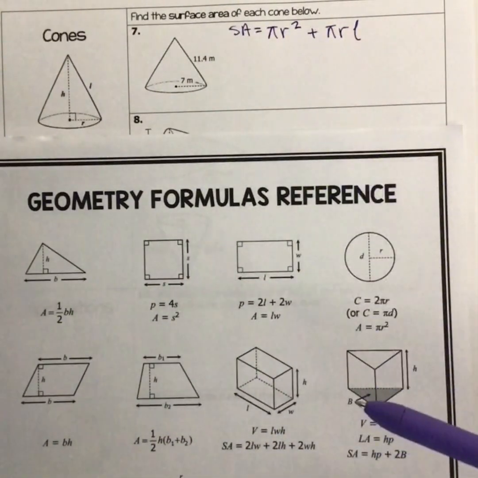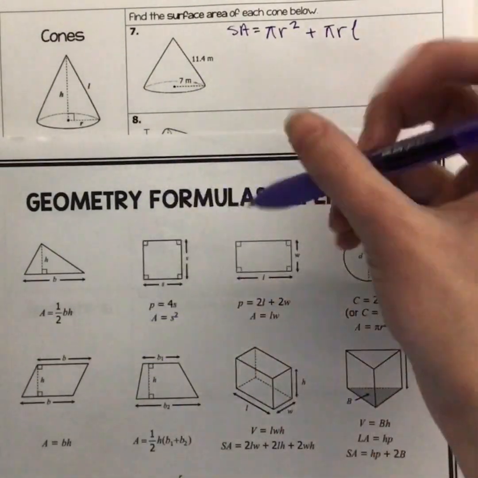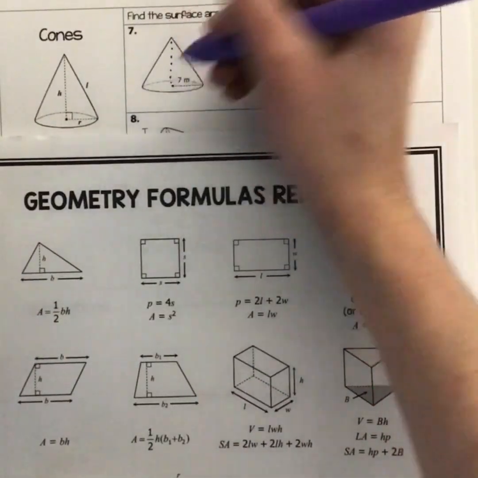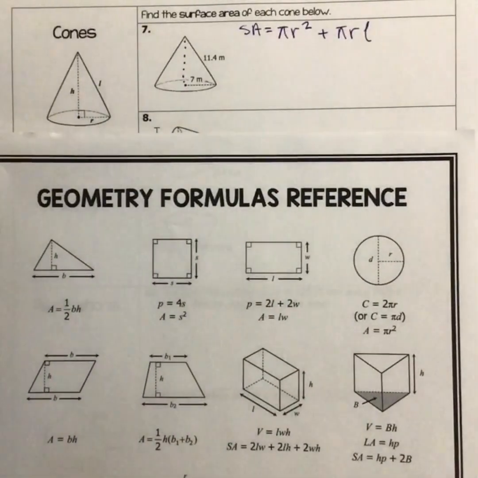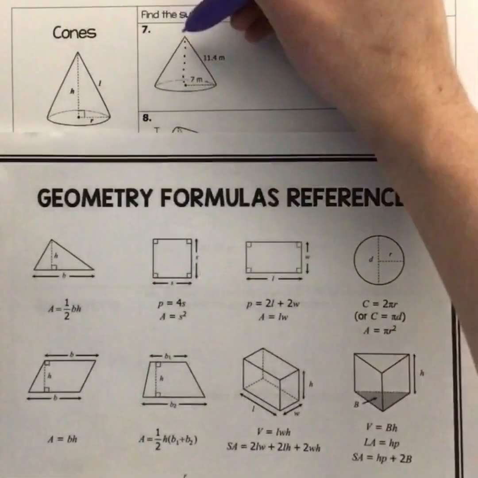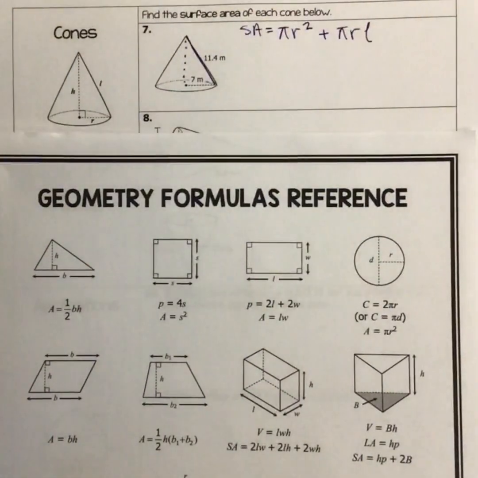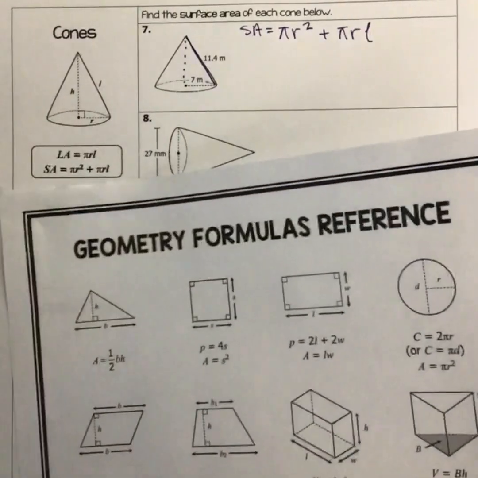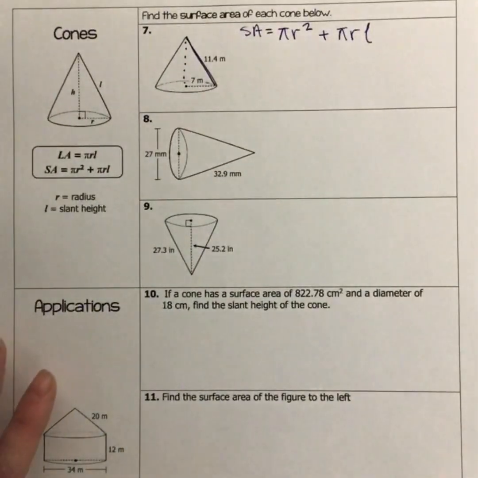But r is half of my base, and the height is kind of this imaginary line inside of here, which we would be able to find using the Pythagorean theorem. We don't need that though for this one. L is the outside length of our cone. All right, so we can see where the parts of that circle play into finding the area, or the surface area, sorry, of our cone.